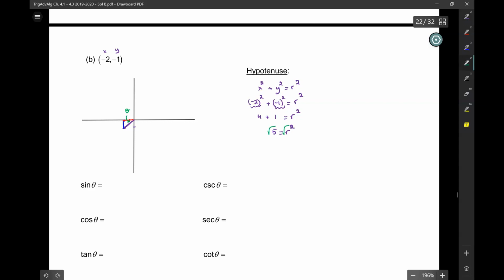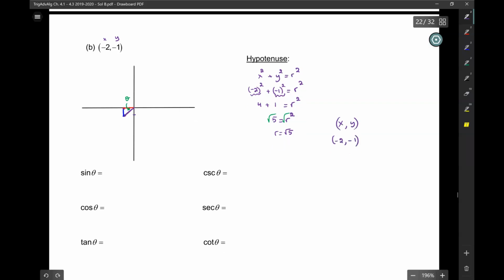Now I have to take a square root, so r is root 5. So now, x comma y is negative 2 comma negative 1, and r is root 5.